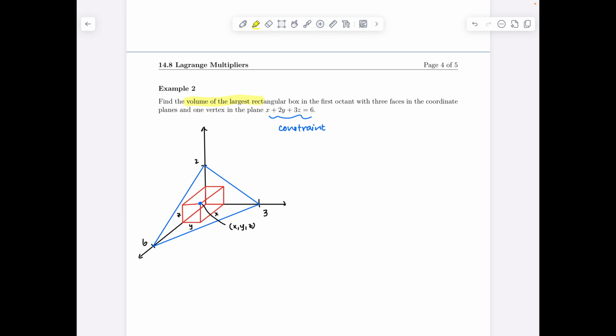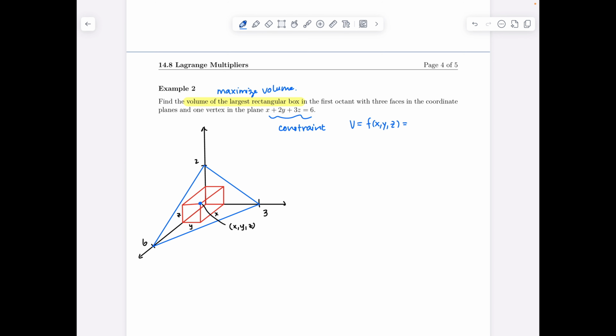So the volume of the largest rectangular box is telling us that we want to maximize volume. The function that we are looking to optimize is the volume, and that's the function f that we see in the setup of the Lagrange multipliers method.